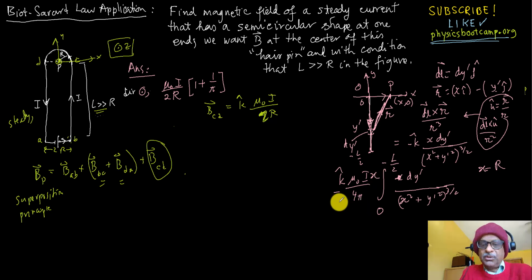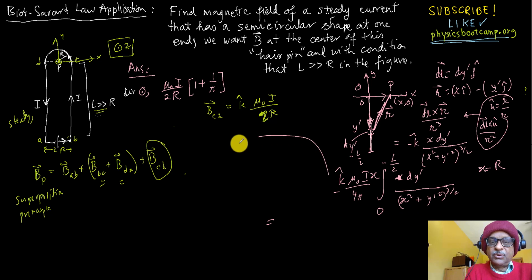When you do this out, what I'm going to get is this integral. I can pull the x out. Let's do this integral out. So minus k hat mu naught I x, and I pull x out.